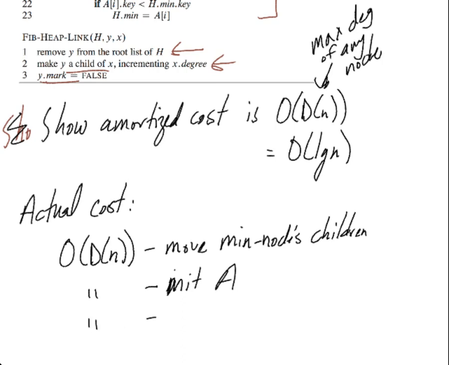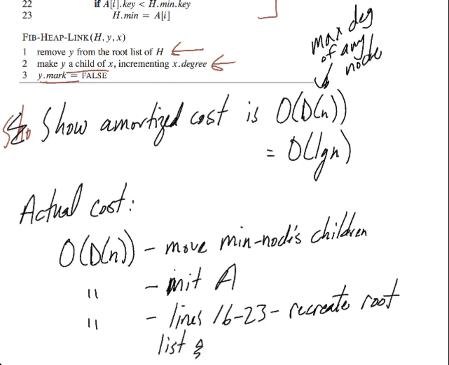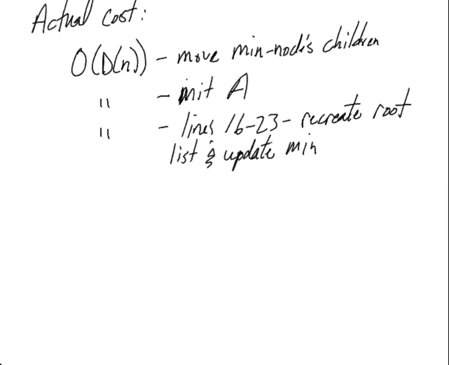And we also have order d of n in lines 16 through 23, where we're going to recreate the root list and update min. So our actual cost is order d of n.